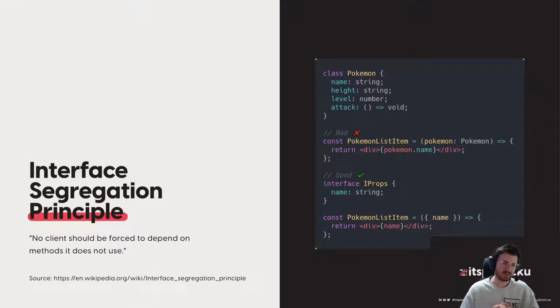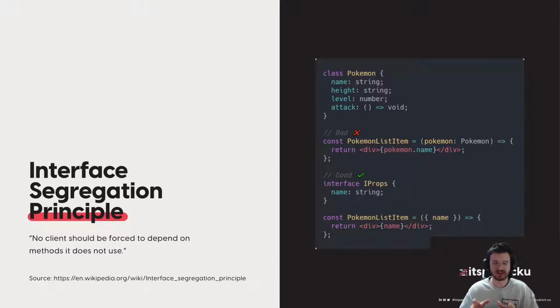The next principle that we're looking at is the interface segregation principle. So no client should be forced to depend on methods it does not use. This is something that I see quite a bit, actually, that often there are components that just take in a class or a DTO, but then only render one or two properties of it.